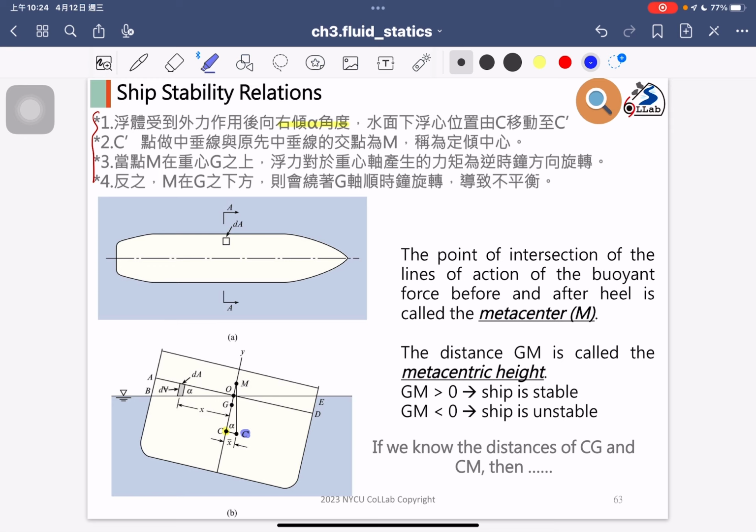And the second step is we draw the vertical line passing through C prime.